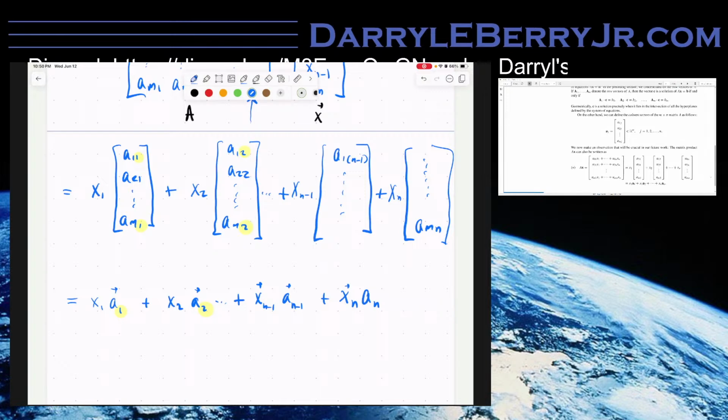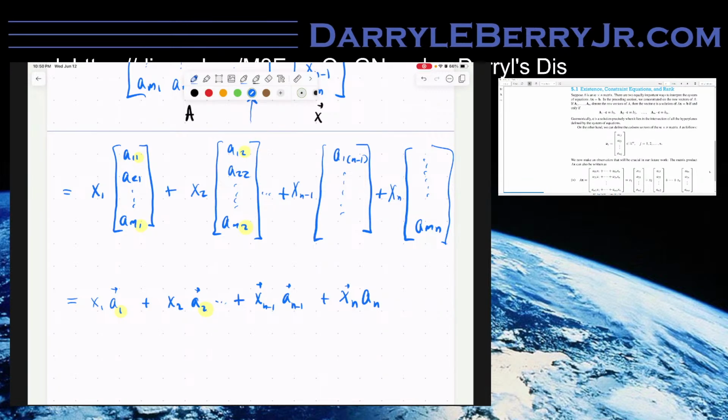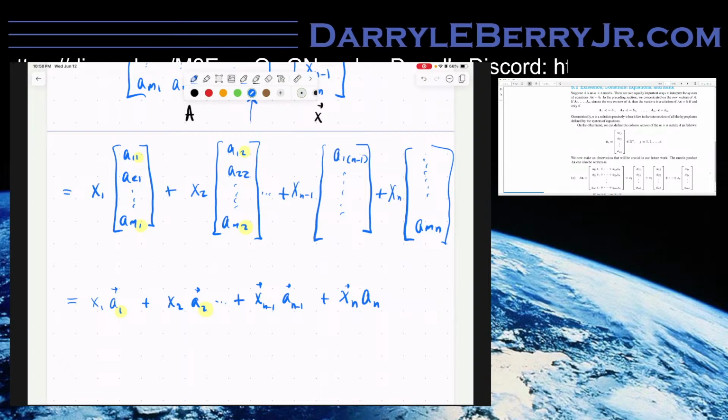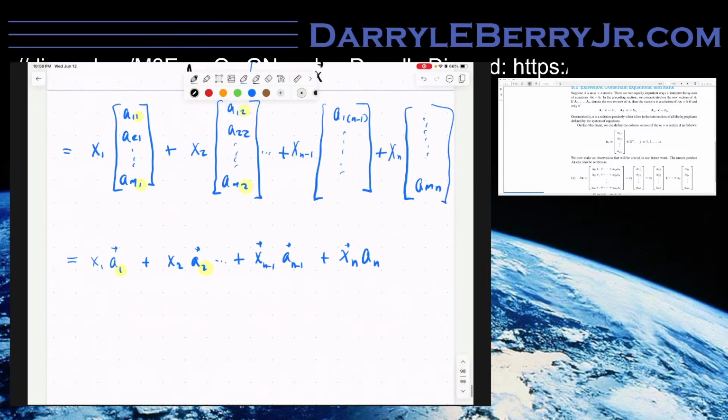So C, A dot C is B. We know that a matrix times this ends up being the dot product. Basically, this was just a series of dot products.